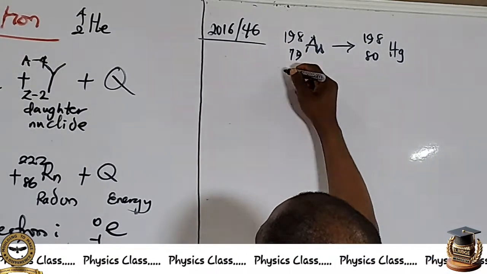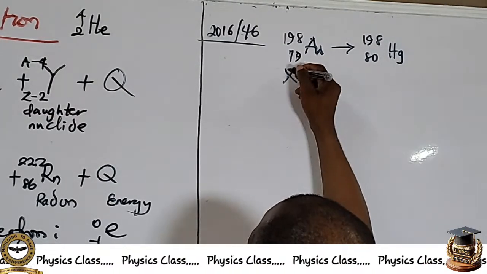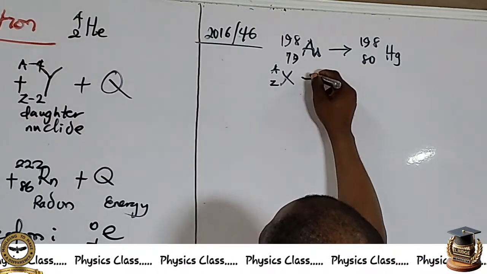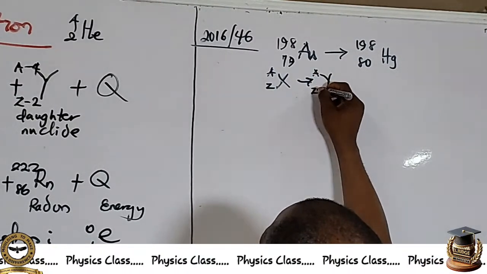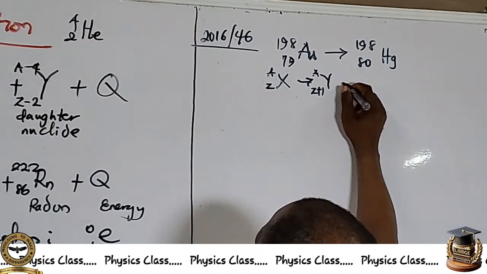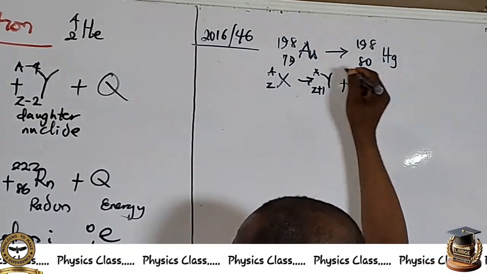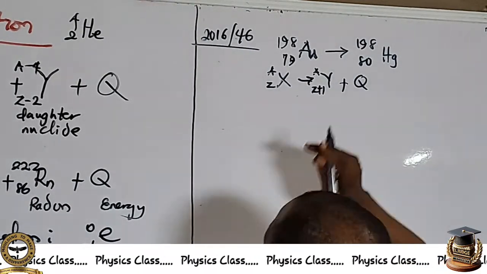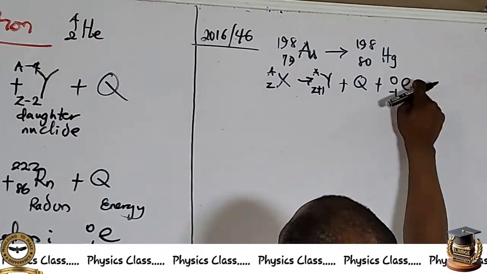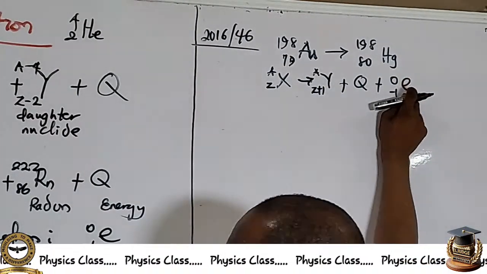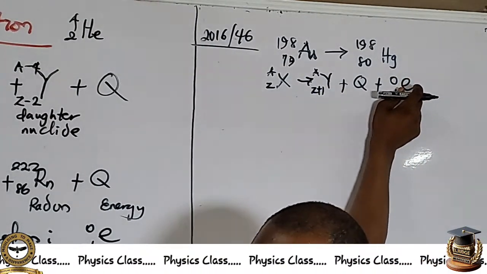There is an increase in the atomic number. So we can say this is A Z X giving us Y, A Z plus 1, and 0 minus 1 e. So this is a beta particle.